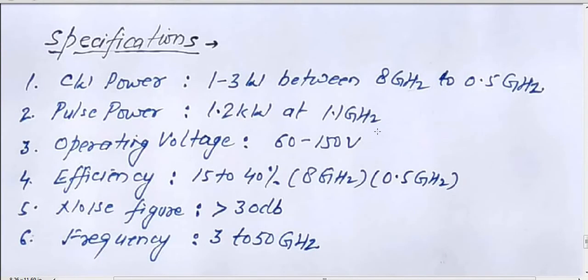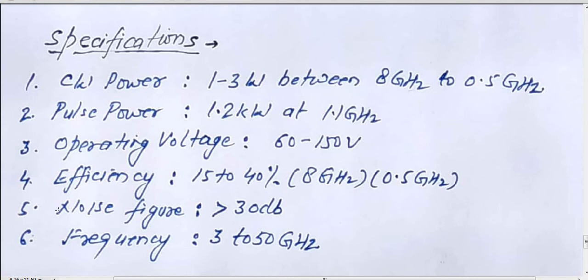Now let us discuss some of the specifications of this TRAPATT diode. Here the continuous wave power is between 1 to 3 watts, in the frequency range of 0.5 to 8 gigahertz. Pulse power is 1.2 kilowatts at 1.1 gigahertz.